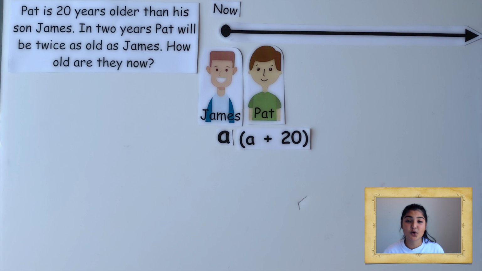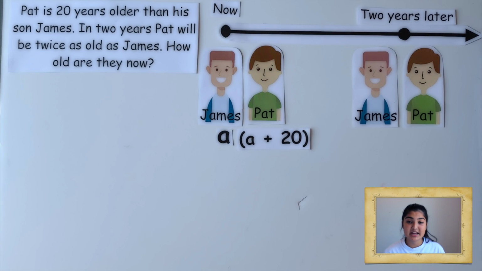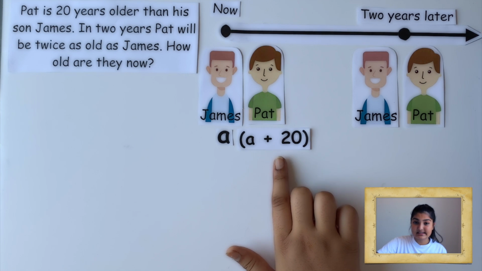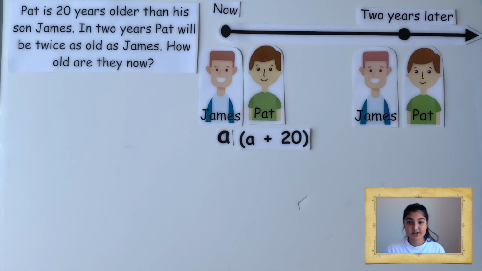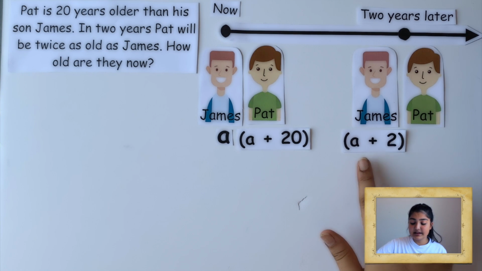Now, let's fast forward 2 years. How old are James and Pat in 2 years? To find that age, all we have to do is add 2 years to James and Pat's present ages. So, since James is A years old now, in 2 years, his age will be A plus 2.